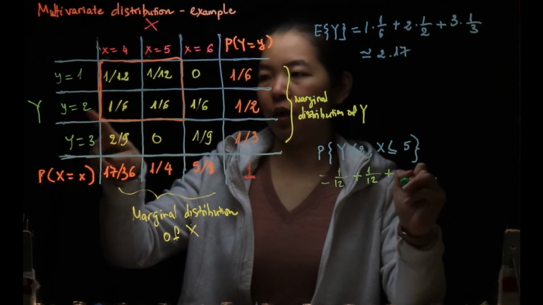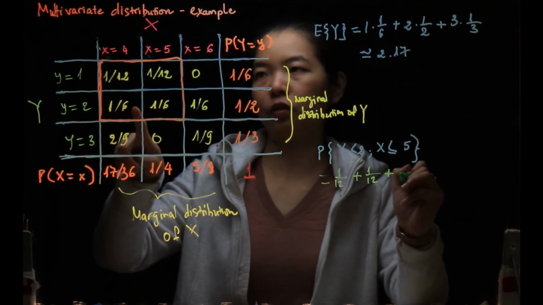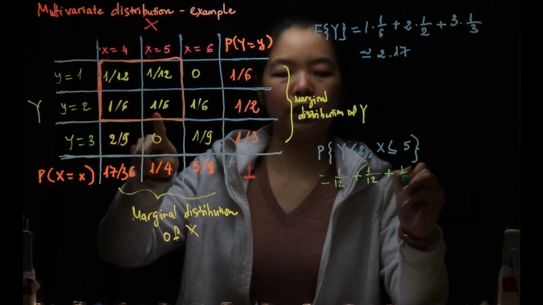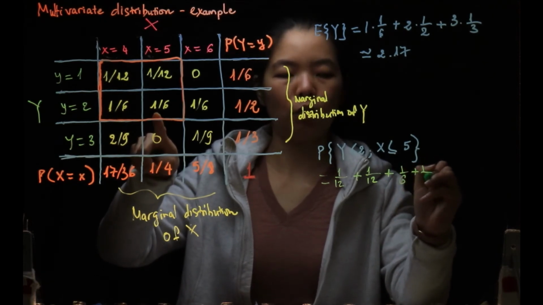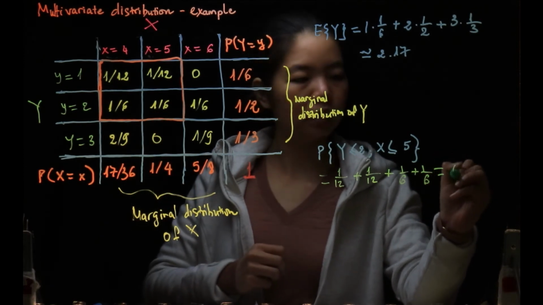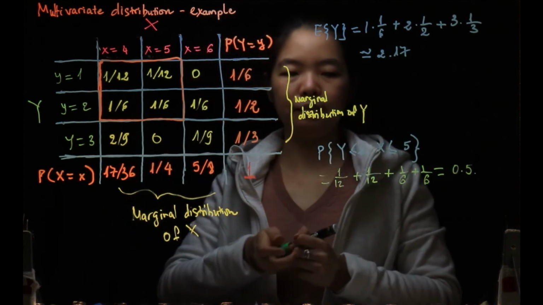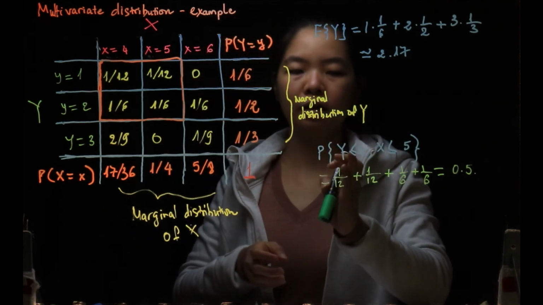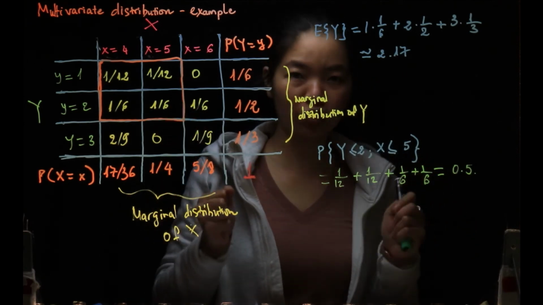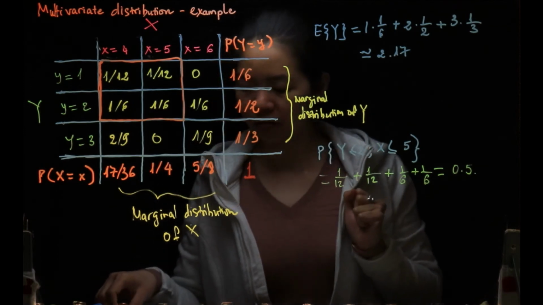And then the next one, move to y equal 2, let x run again from 4 to 5. So 1/6 plus another 1/6. At the end, you have 0.5. So this is the probability that y is smaller or equal to 2 and x smaller or equal to 5.